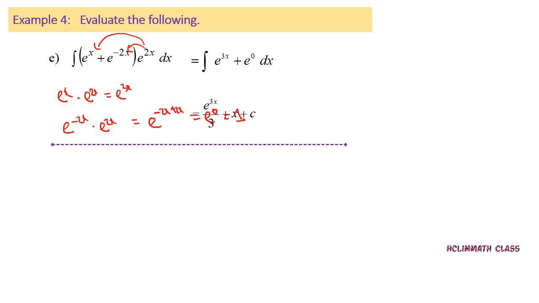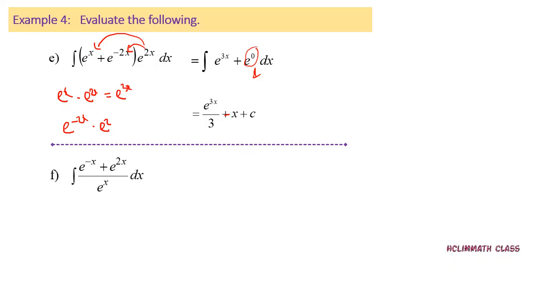That's why only then you start to integrate as this. So we will have e to the power 3x over 3, and since e to the power of 0 is 1, that's why I get a plus x plus c. Okay, remember this one plus a constant, this is the indefinite integral.